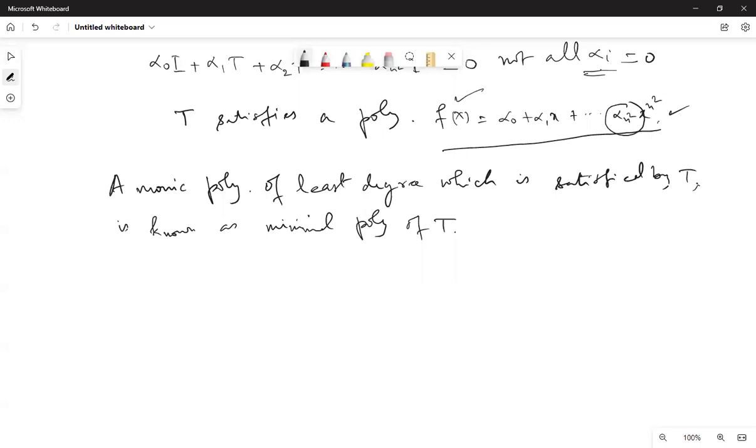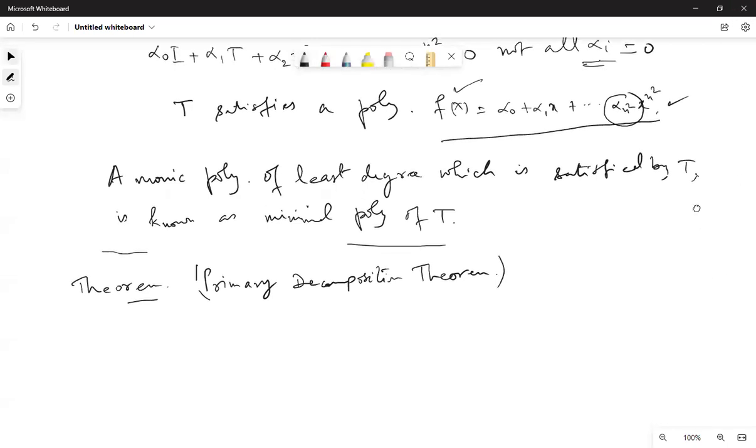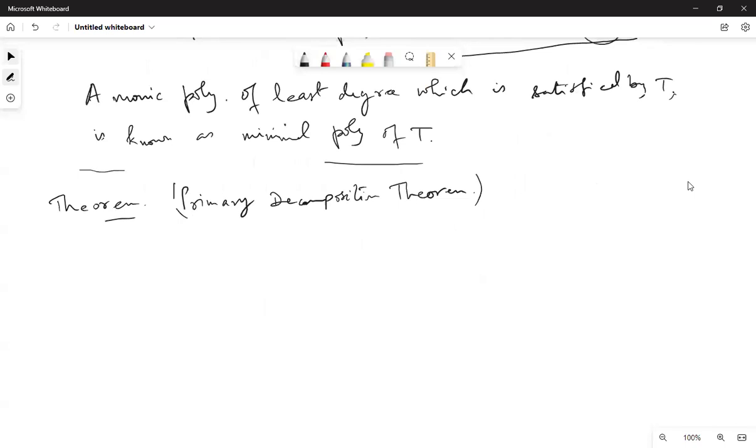But before that, I must state a theorem, which is known as the primary decomposition theorem. We are now going straight away to this theorem. And then we shall be working on the degree of this minimal polynomial.